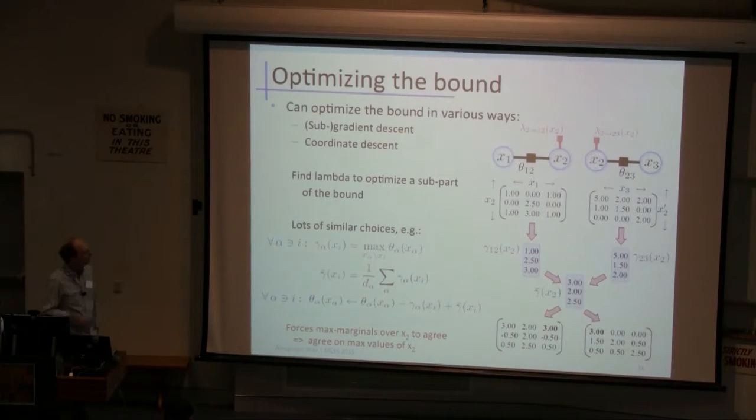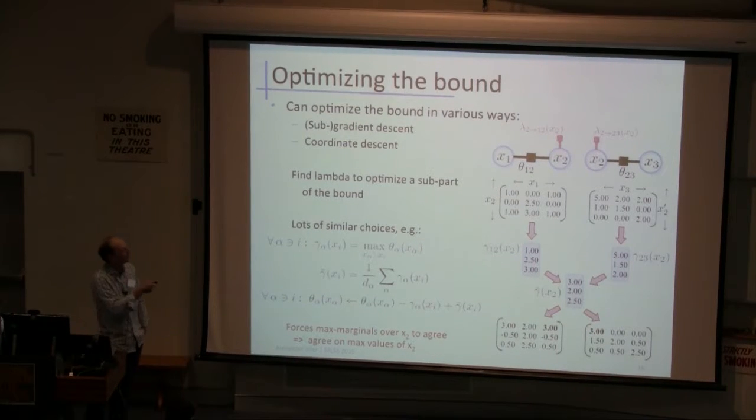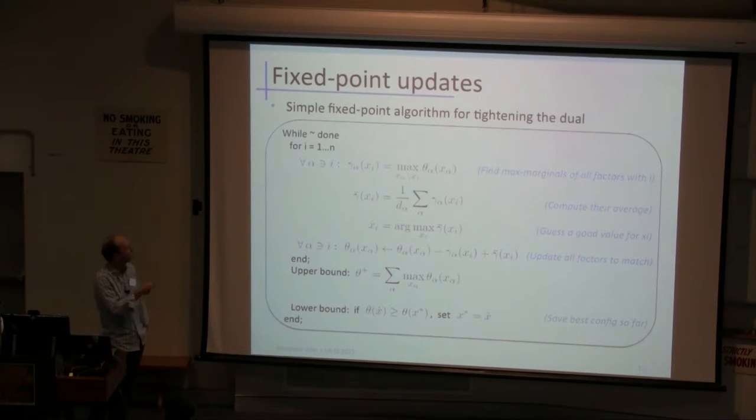Okay, so this reparameterization gives you a technique for tightening this decomposed bound. And here's just a very simple algorithm for optimizing it. We just run over all the variables, collect together all the factors that involve that variable, and force them to agree.